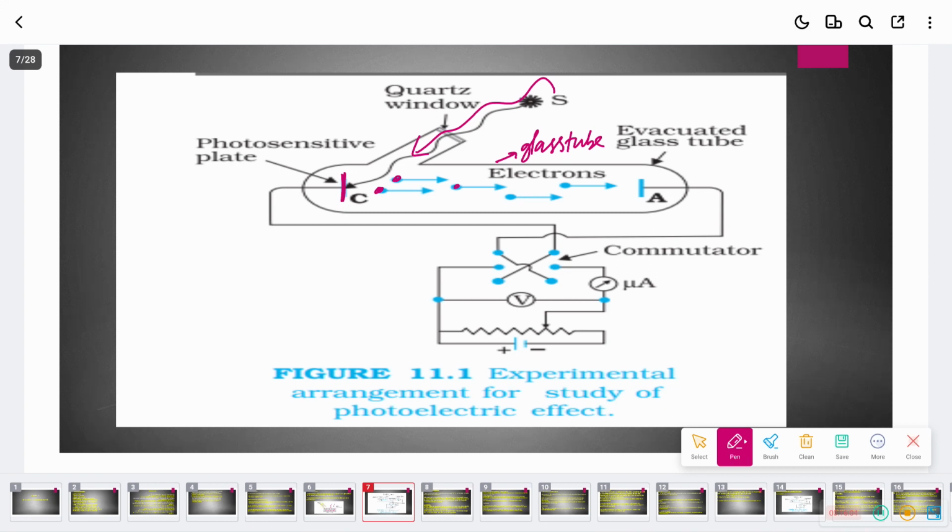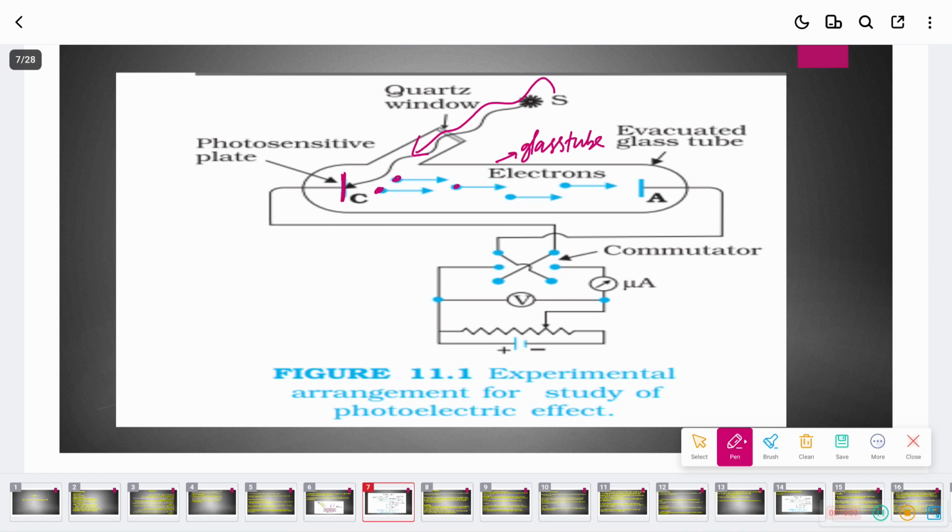Now next, listen. See here, all of you. Your volt. Now see, here it is the anode. From this cathode, electrons are coming.